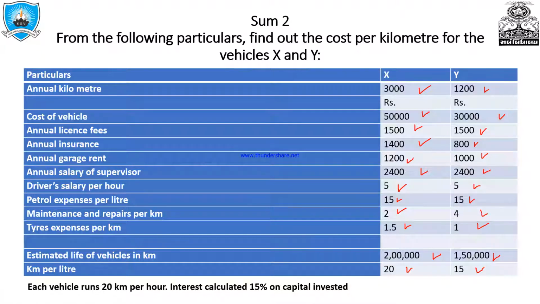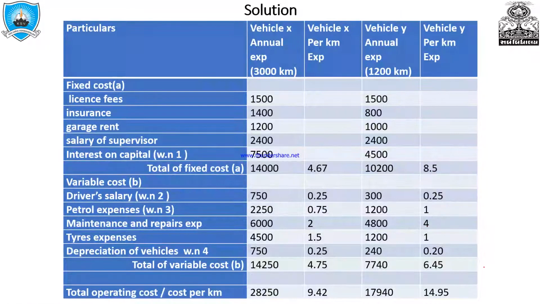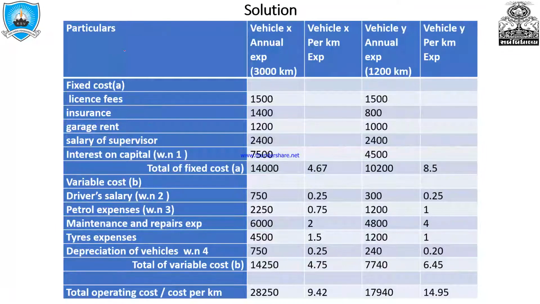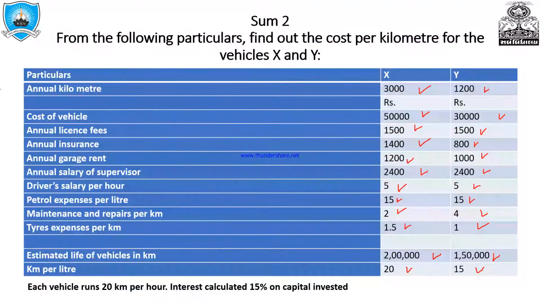So let's solve this sum. For the solution, we prepare a total of 5 columns. Why 5 columns? Because the information is given for two vehicles. Particulars, vehicle X annual expense, and vehicle X per kilometer expense. Why annual expenses?